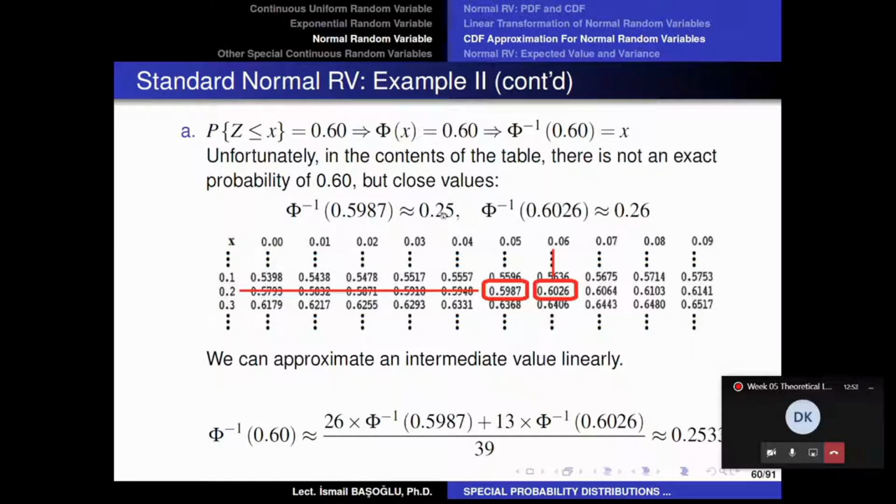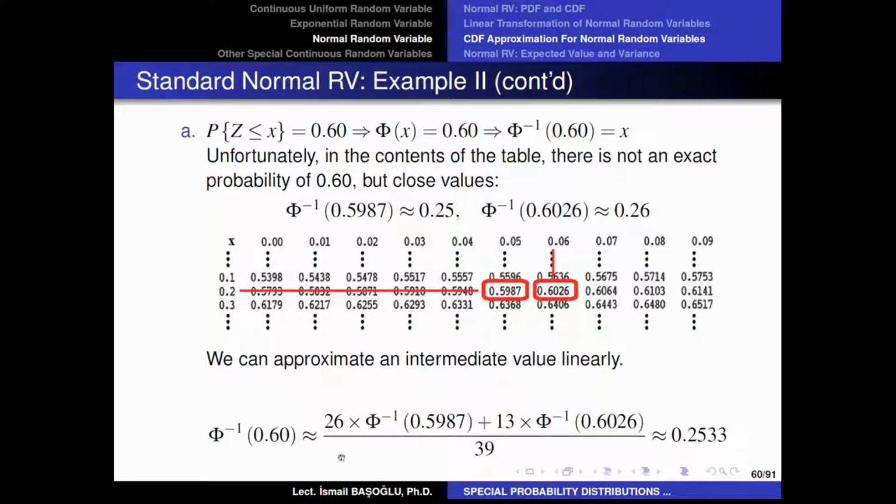For x value 0.25, the cumulative probability is 0.5987. And for x value 0.26, the cumulative probability is 0.6026. For which x value the cumulative probability will be 0.60, again, I am going to apply linear approximation, but this time from an inverse perspective.